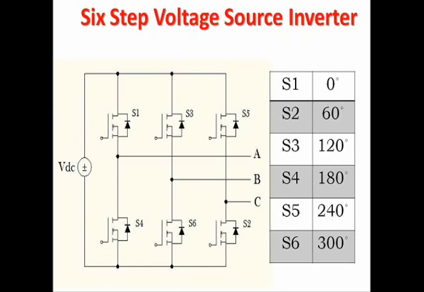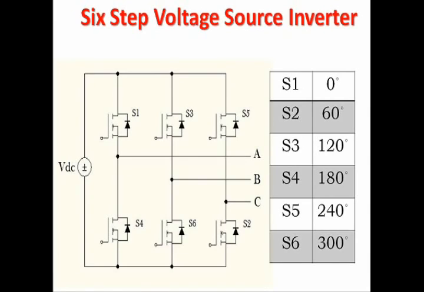So the angle at which the gate pulses arrive is called the firing angle. In this inverter application, we do not switch on the 6 switches simultaneously. We make the switched-on time different each time. So this table represents the firing angle for the 6 switches.